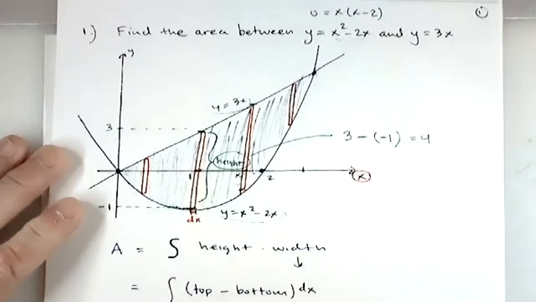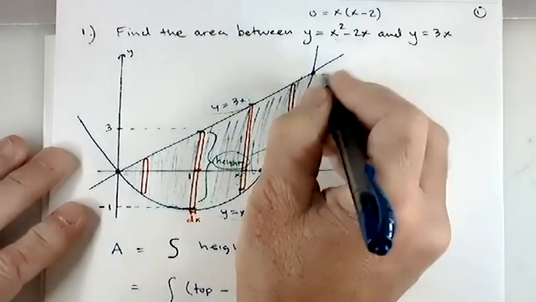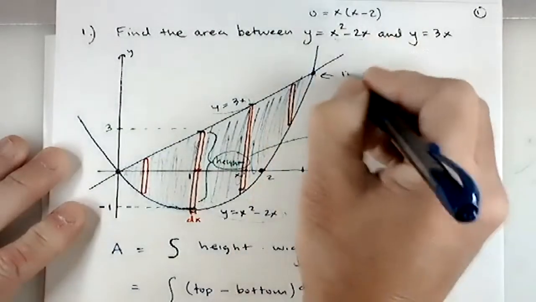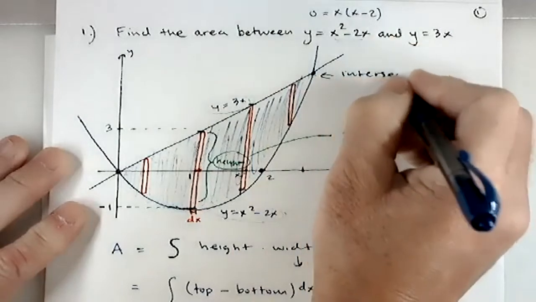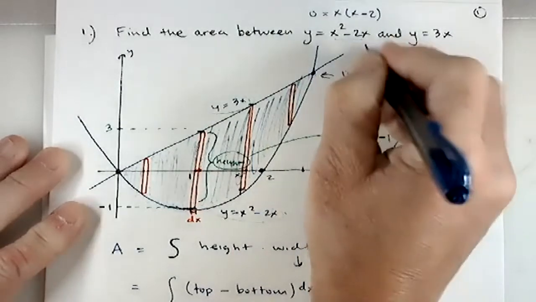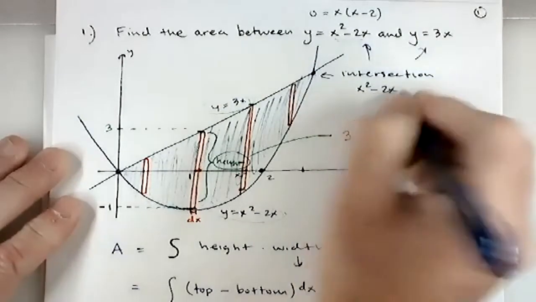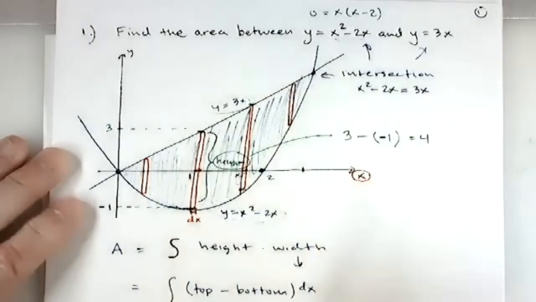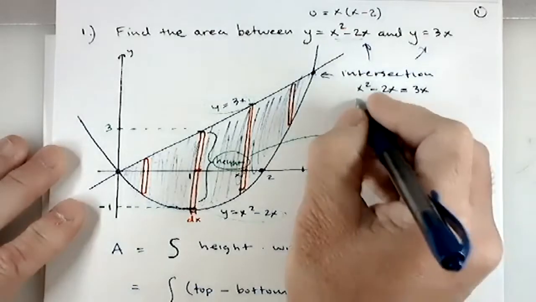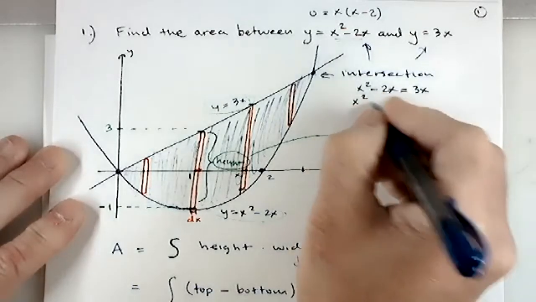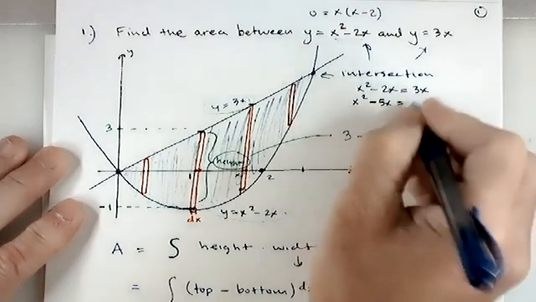To find this point, the intersection of this equation and this equation, I can always find it by setting them equal to each other. Subtract that over, that gives me -5x.